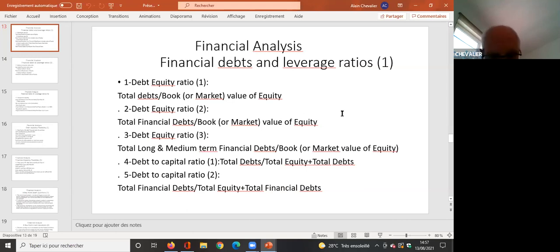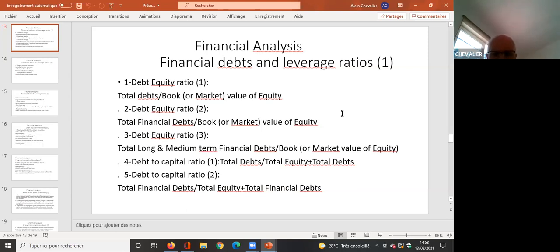If you have a look at the European practice, and this is one difference between the US and Europe, the number one ratio used here is total long and medium term financial debt, compared to total financial debt, including the short term financial debt, in the US. And of course, it's moving also progressively, when it is possible, from book value to market value of equity. You will be able to make this calculation with the biotechnology case.